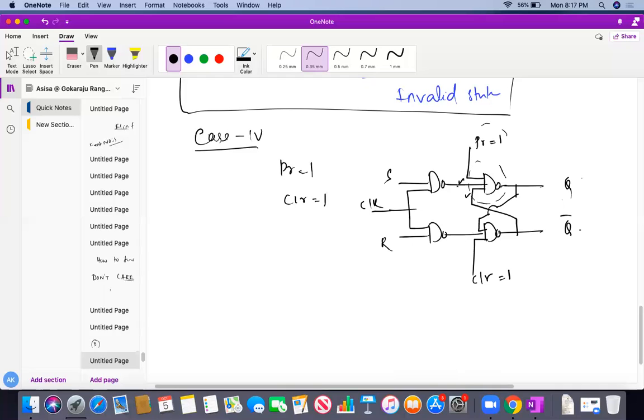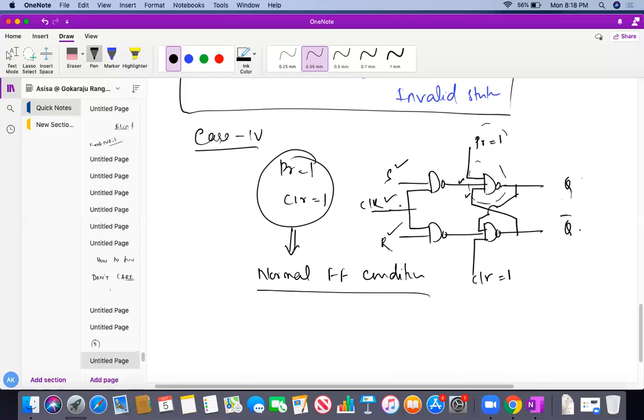So it depends on the other inputs, meaning it depends on S, clock and R also. Am I correct? So can I tell that preset equal to 1 and clear equal to 1 is nothing else but my normal flip-flop condition? Because we are going to apply S, R and clock, and only then, if you apply preset equal to 1 and clear equal to 1, can I get some Q and Q bar.